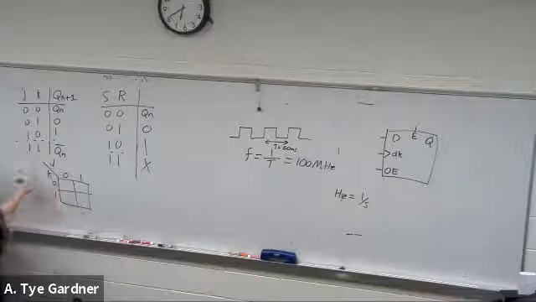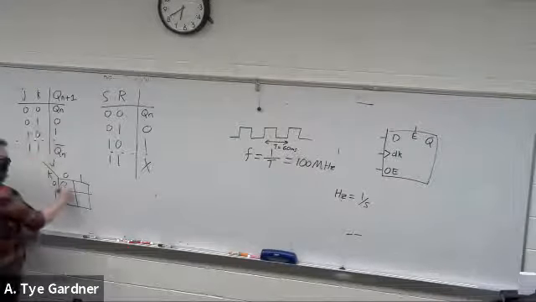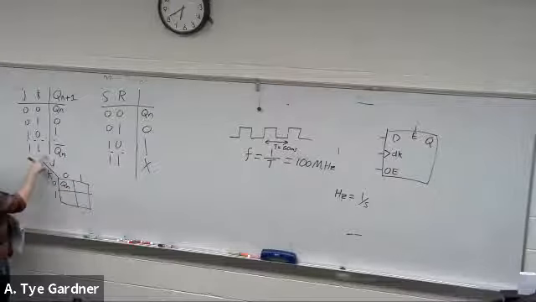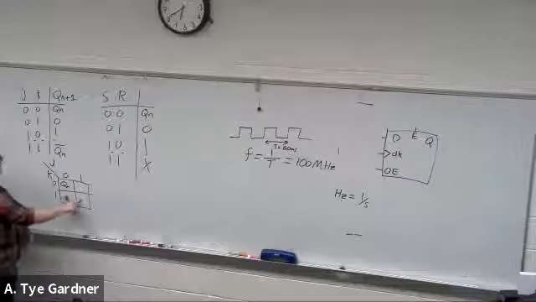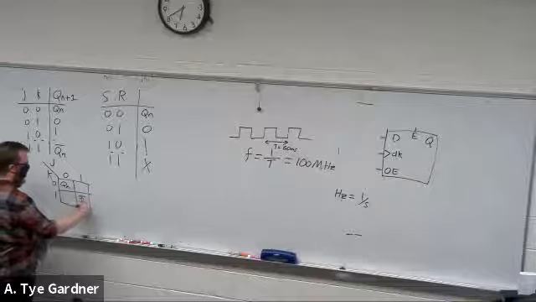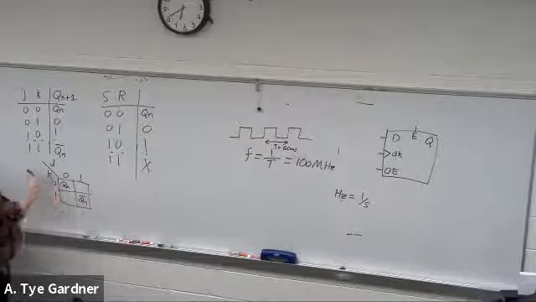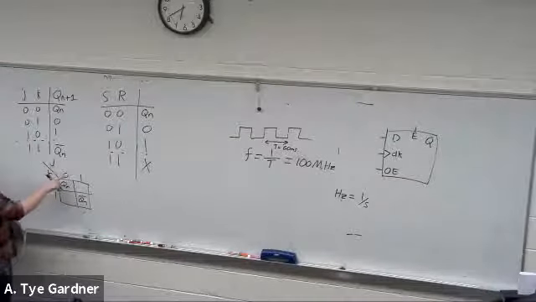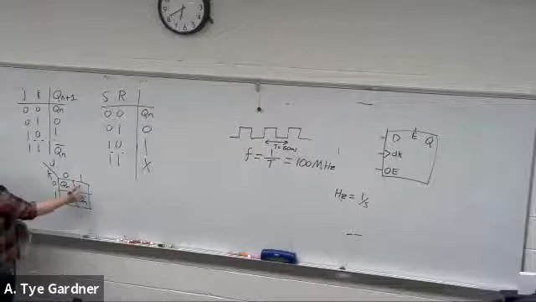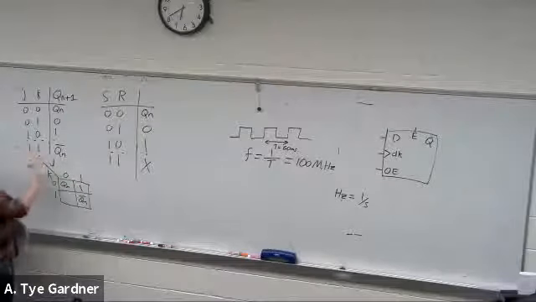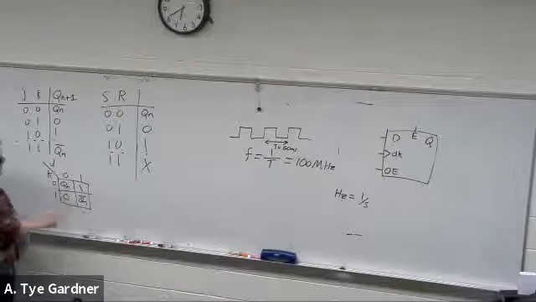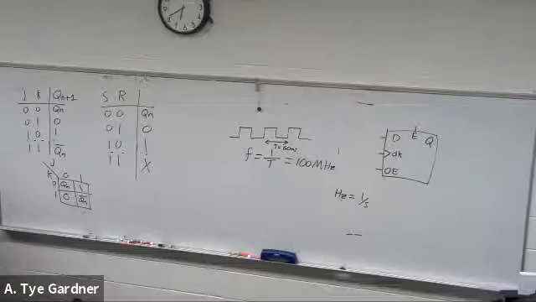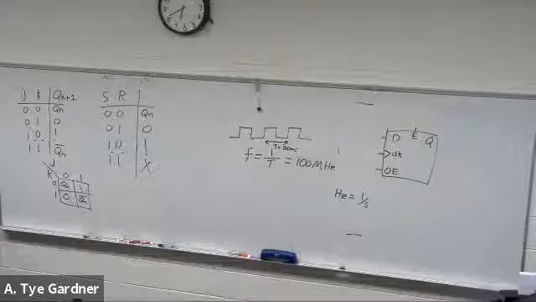And it's saying that, well, 0, 0 is Qn, 1, 1 is not Q, and then J 1, 0 is 1, and J is 0, 1 is 0. And you can use that to go ahead and fill in the logic equations.